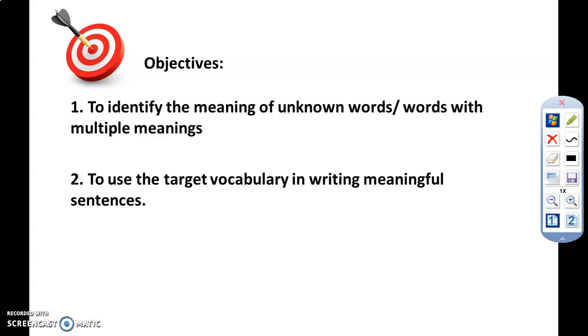I repeat, the first objective is to identify the meaning of unknown words or words with multiple meanings, means to know what these words mean. The second objective, we will use this vocabulary in writing meaningful sentences.